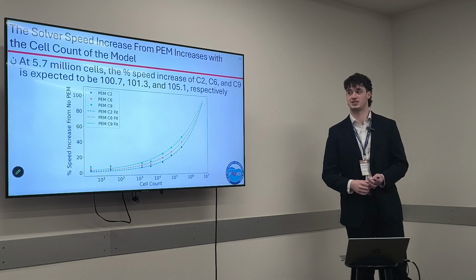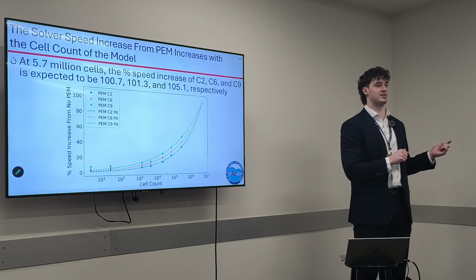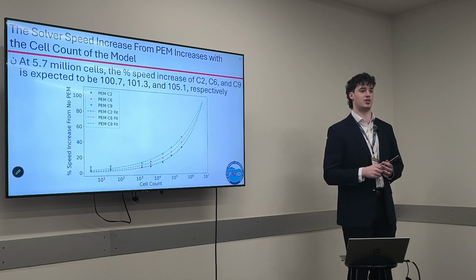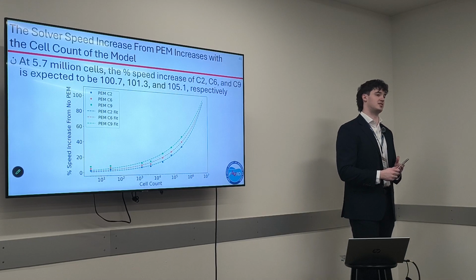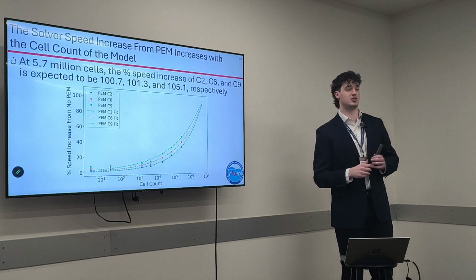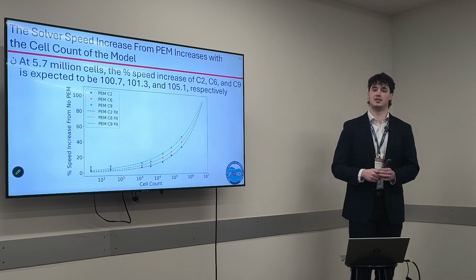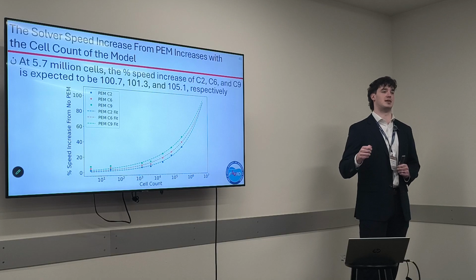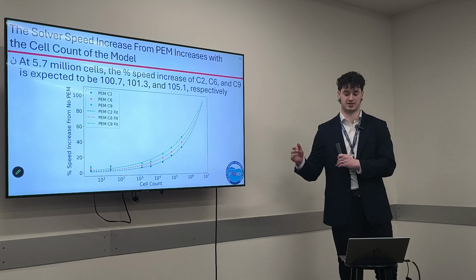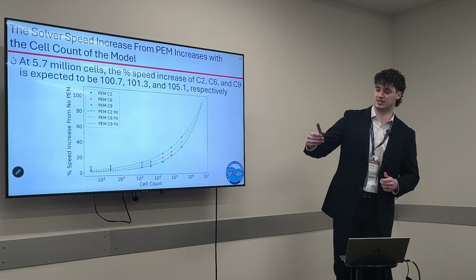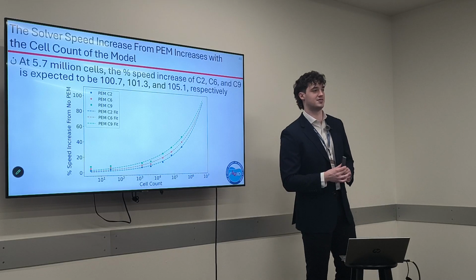So we tested all of that on all the previously mentioned CSTRs, plus a couple more. The 65,000 cell CSTR was adapted to around 200,000 cells, and the 4100 cell was adapted to around 20,000, just to get some more data in here. And on the y-axis here, you can see the percent speed increase from the base.